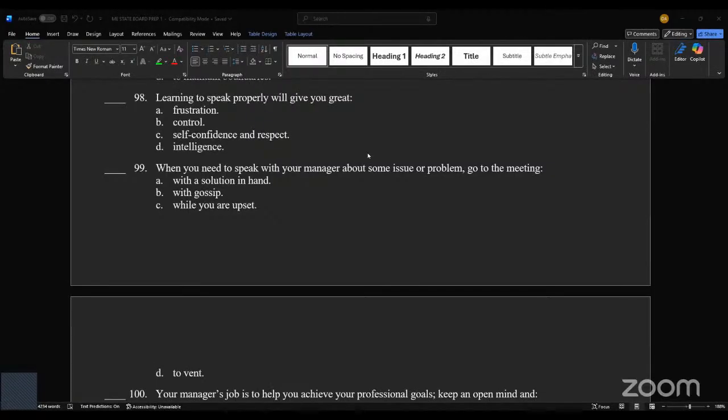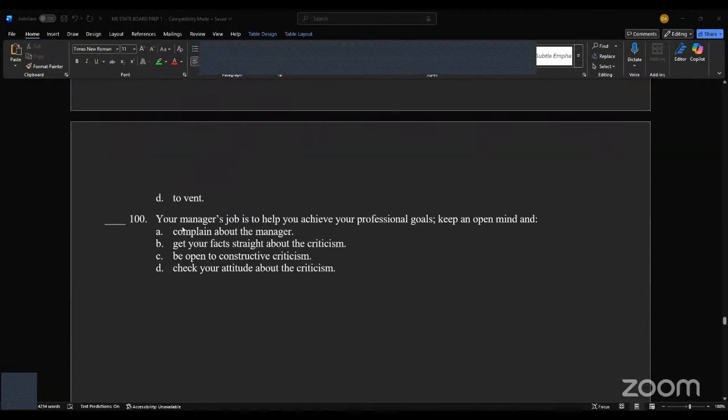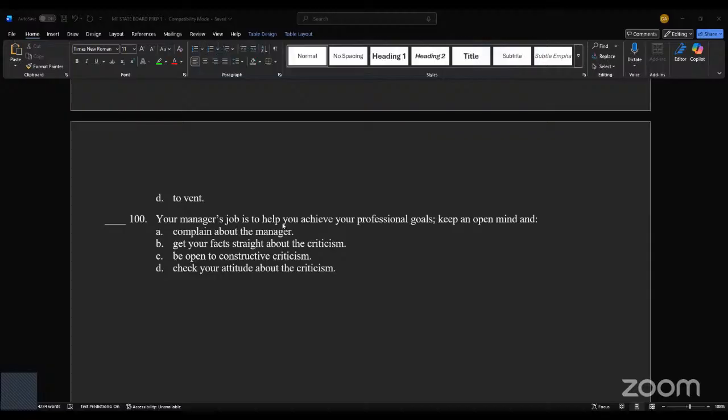Okay. 100, your manager's job is to help you achieve your professional goals. Keep an open mind and complain about the manager. Get your facts straight about the criticism. Be open to constructive criticism, or check your attitude about the criticism. It says your manager's job is to help you achieve your professional goals.